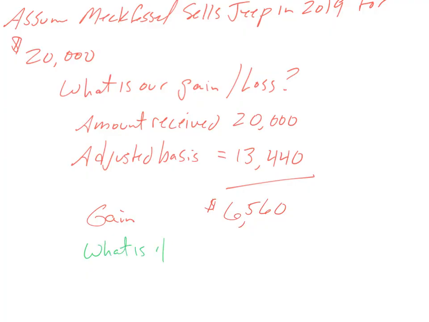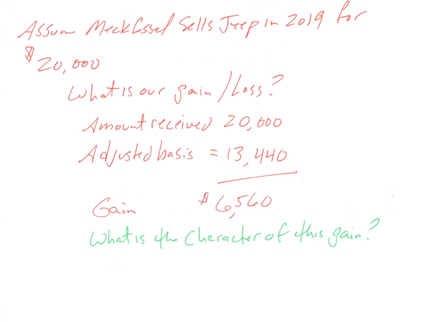Now the question is, what is the character of this gain? Well, the answer to that is based on what is the use of this asset and how long did we have it. Was this asset used in our business for a year or more? Yes.